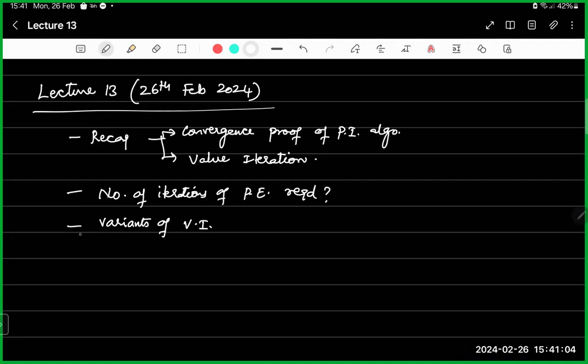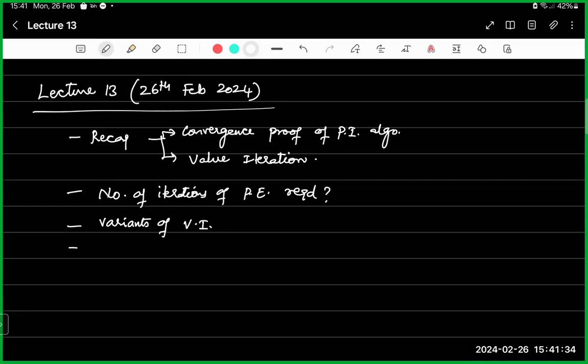Then, till now we have been assuming that we know the dynamics of the MDP, right? We know the transition probability matrix and the expected reward for every action in every state. So if we do not know this model dynamics of the MDP, how do we solve these problems? How do we find the optimal policy if we do not know the dynamics of the MDP?